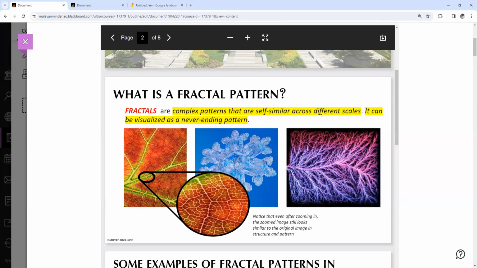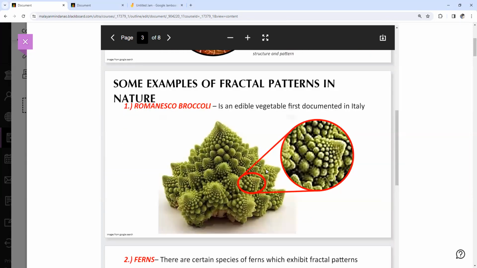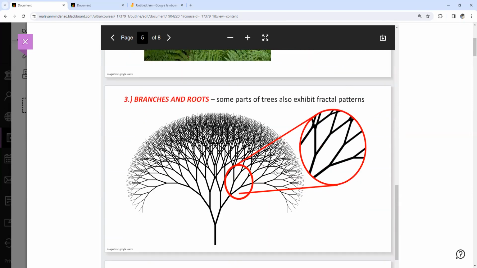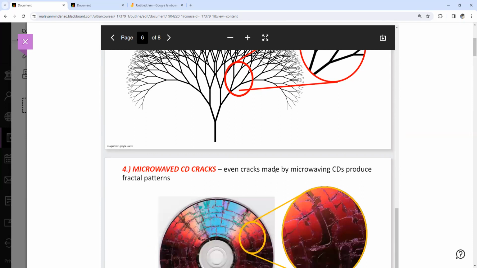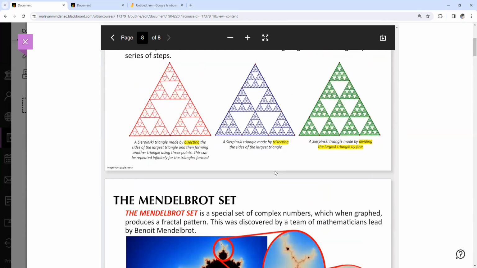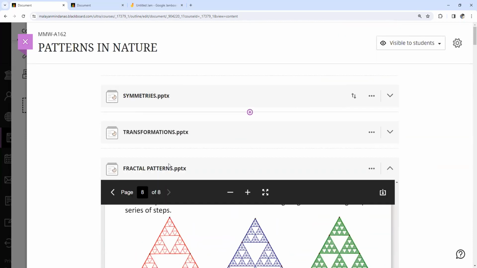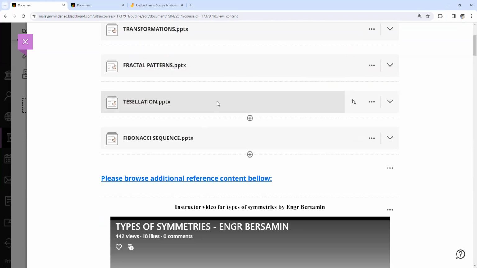So that is really fascinating. And that is something that you see a lot in nature. Even if you zoom in, you see the same pattern from the zoomed out version. These are examples of fractal patterns that you see in nature and also the ones that are invented by human beings. So that's all I can say about fractal patterns.